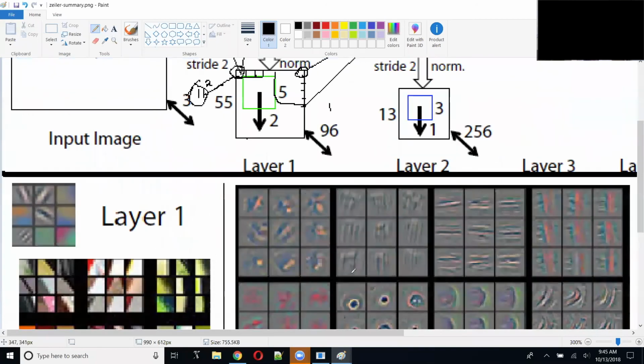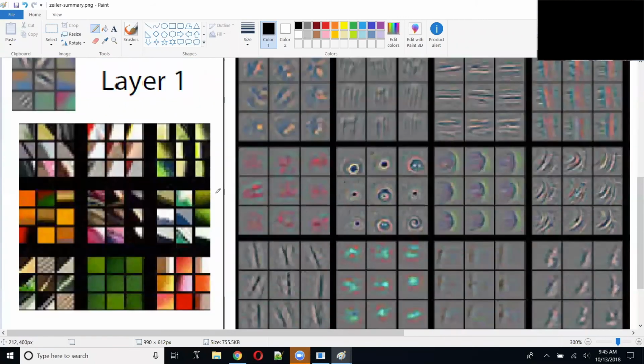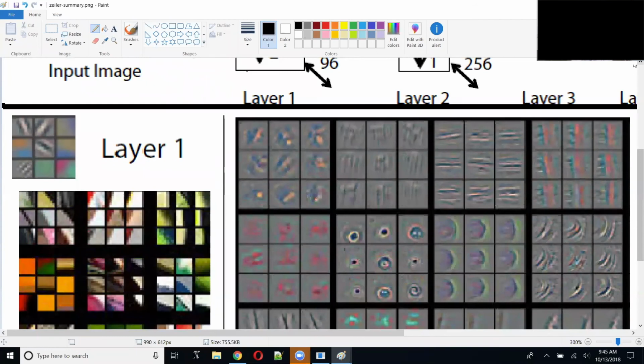So what are we looking at here? This guy here is 7 wide.